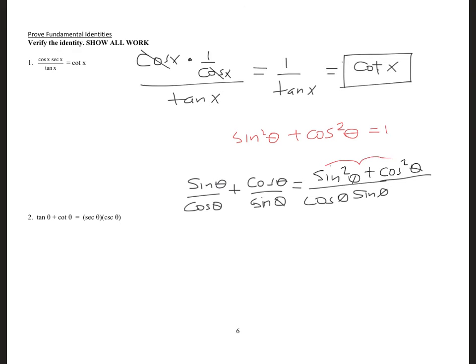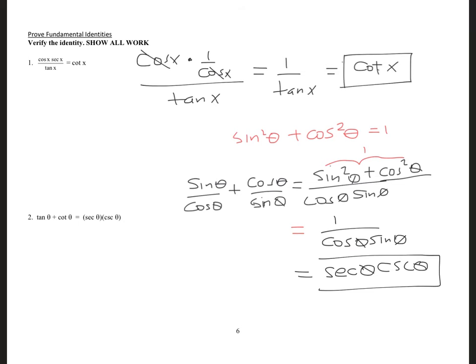So all this is going to equal 1 over cosine theta sine theta. And see, this is the same as secant theta and cosecant theta.